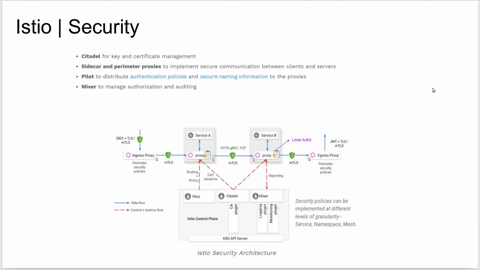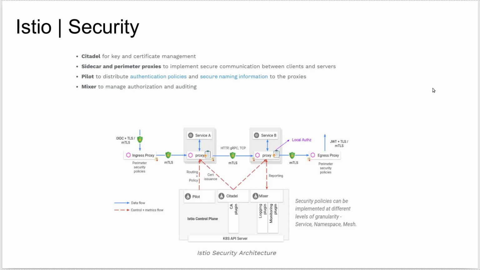Here we have a more granular view, and talking a little bit more about what each component does in terms of security. For instance, on the control plane, the Citadel does key and certificate management. The sidecar and perimeter proxies implement secure communication between client and services, which also involves Envoy.